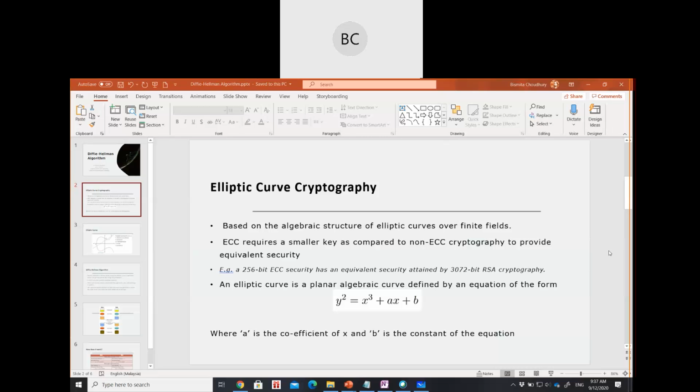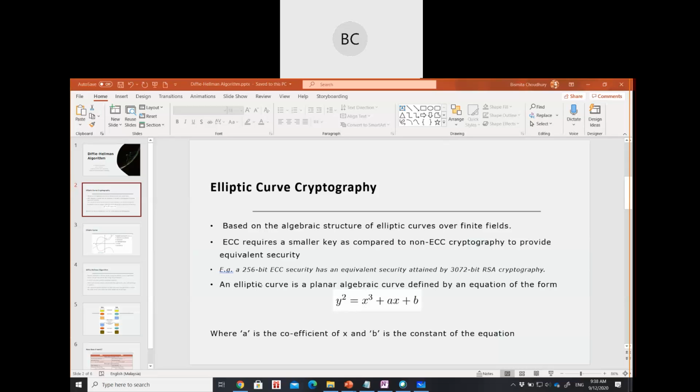The main point is that they try to find a curve, and the curve we can represent with this equation: y squared equals x cubed plus ax plus b. Here a is the coefficient of x, and b is the constant.